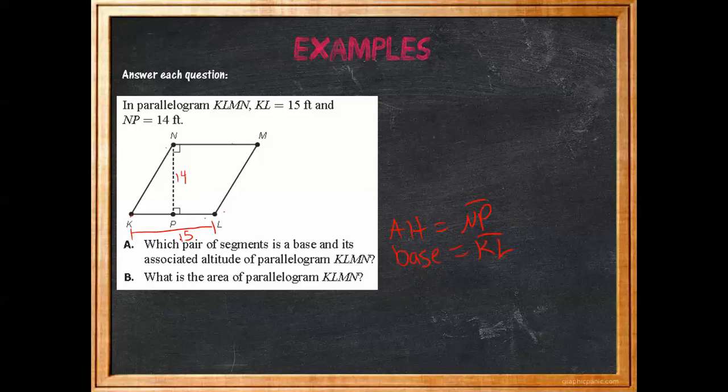I'm using KL because we know it's 15, but the other base could also be NM, and we know that it's 15 as well. To find the area, we just take base times height. So all we're going to do is take 15 times 14. It's going to give us 210. So the area of this figure is 210 feet squared.